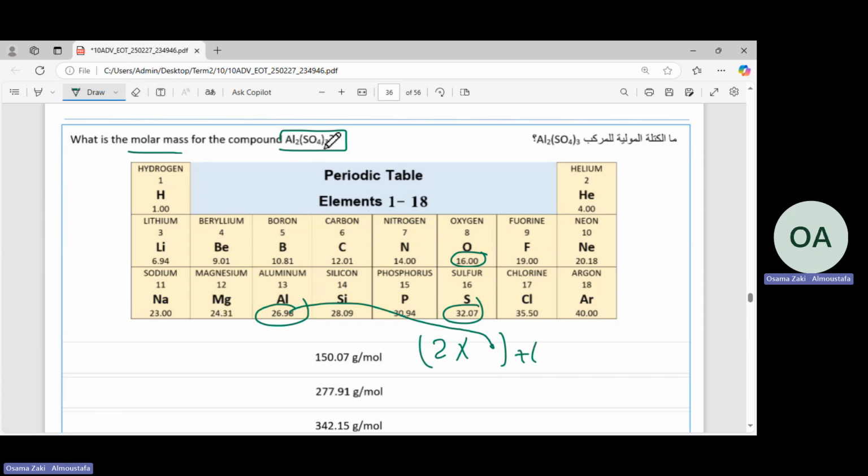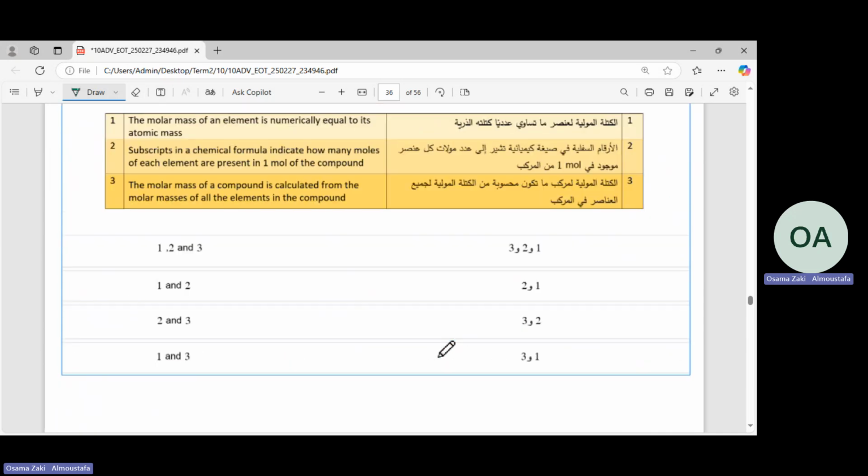We have 3, because we have a bracket: Al2(SO4)3. So S is multiplied by 3 and O is multiplied by 3. How many O's do we have here? We have 12, because we have 4 times 3. So 12 times the value of O. Then use the calculator to find the answer.